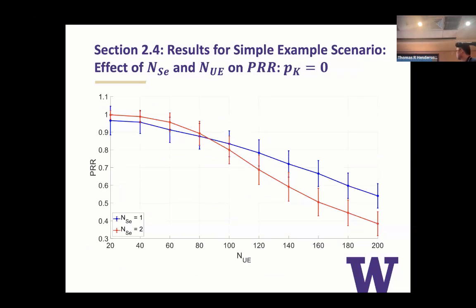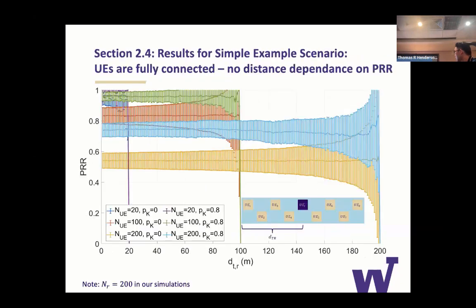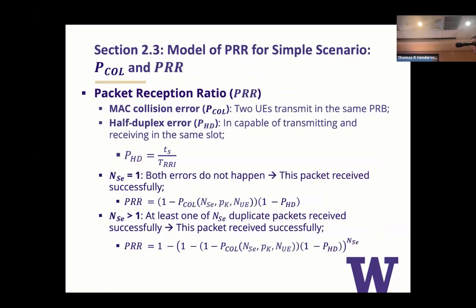Yeah, actually, we can also find this cross point if we look at the previous slides. Here is the PR expression for s equal to 1, and when s is greater than 1, here's the total expression. If we set PR of 1 equal to PR of 2, because we don't know the collision probability with a certain NSE and PK, we just solve this in terms of UE, right?